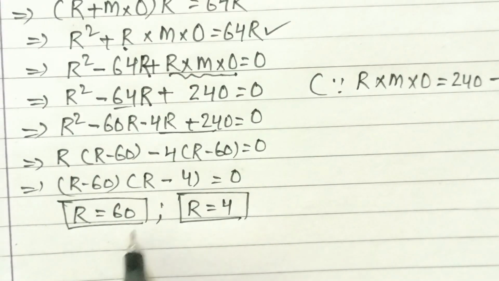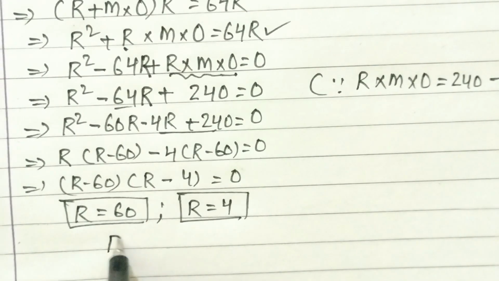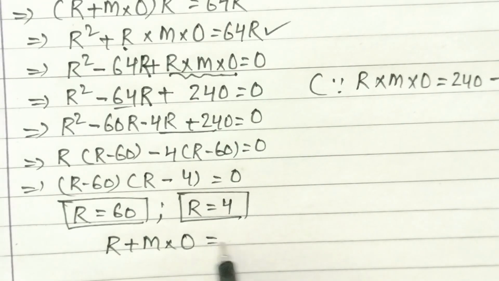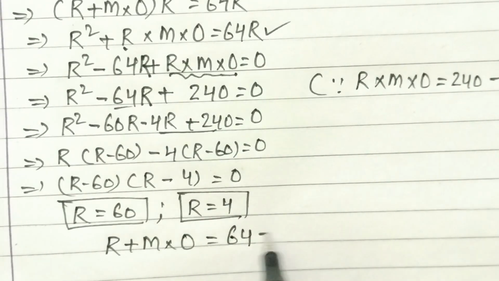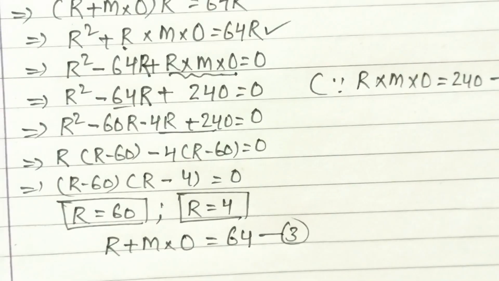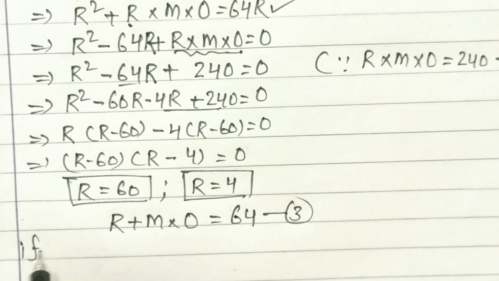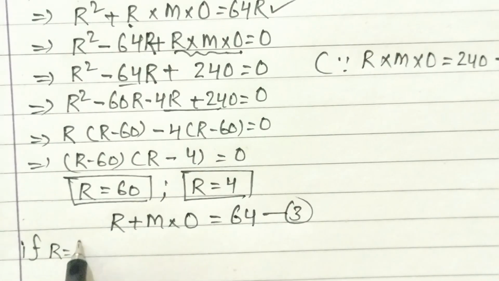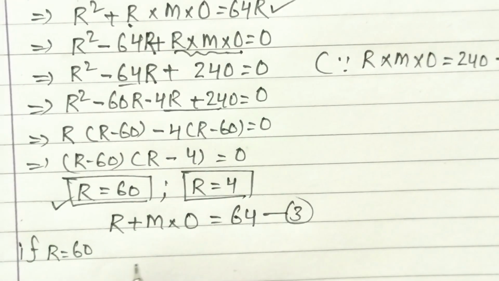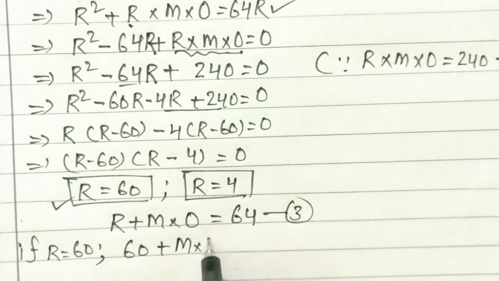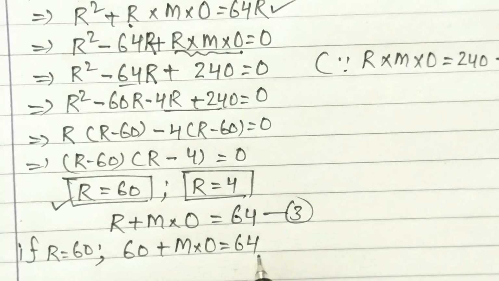If we take equation third, (R plus M) times O is equal to 64, and put R is equal to 60, then 60 plus M times O is equal to 64.